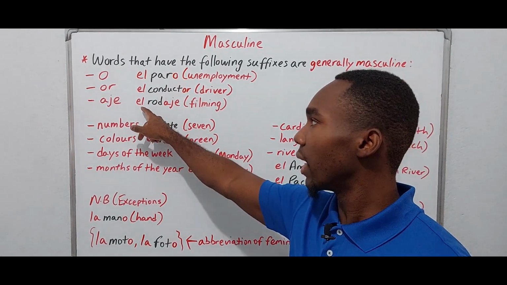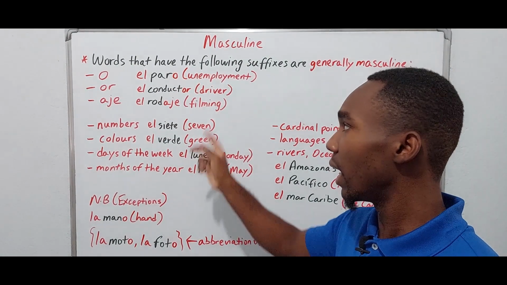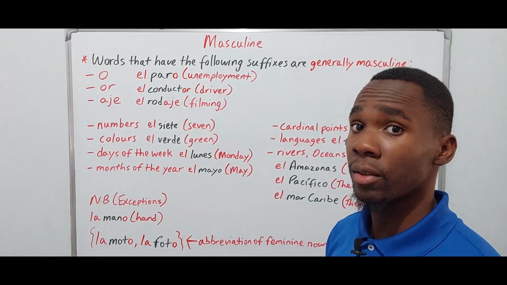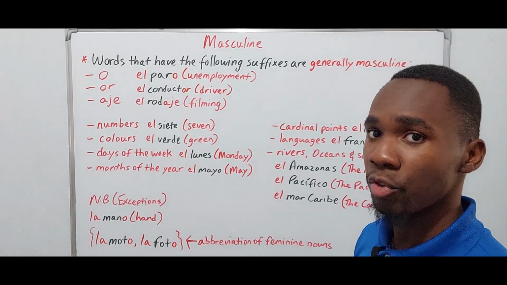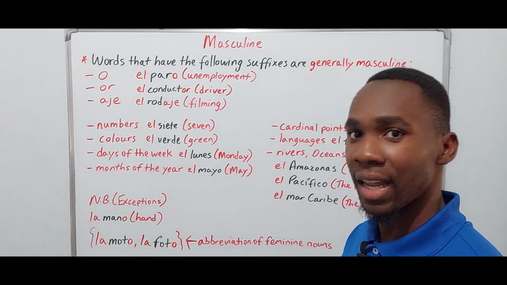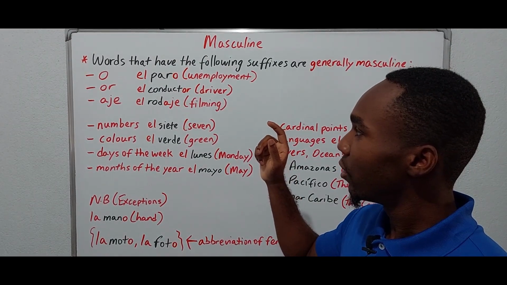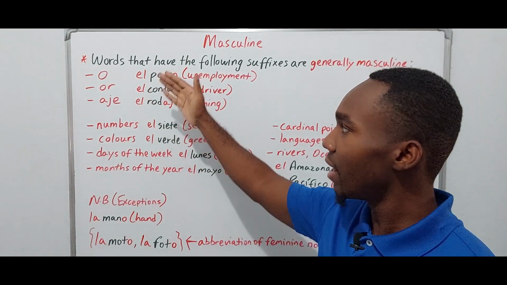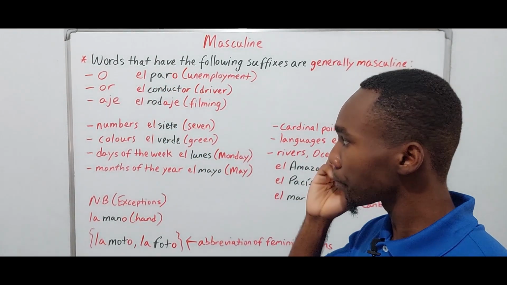And you would also notice that I have an article before them. So you would know that el is a masculine article, but that's something that we will also get to in the future. And by the future, I mean like next part, right?